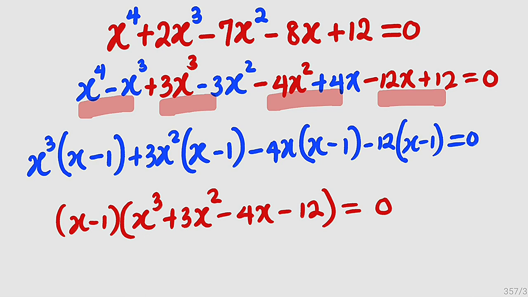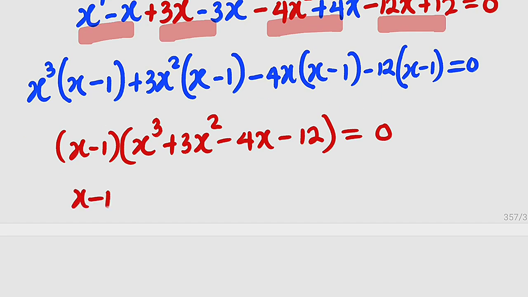The whole of this equal to 0. You should observe negative 12 divided by negative 4 will give us what? Positive 3. And 3 divided by 1, because the coefficient of x to the third power is 1, will still give us 3. So we can still factorize by grouping.